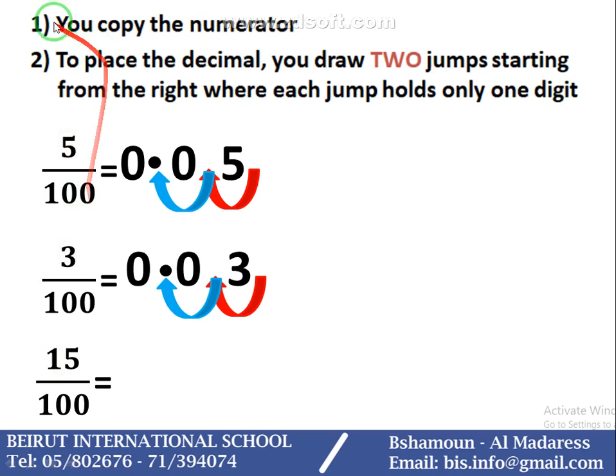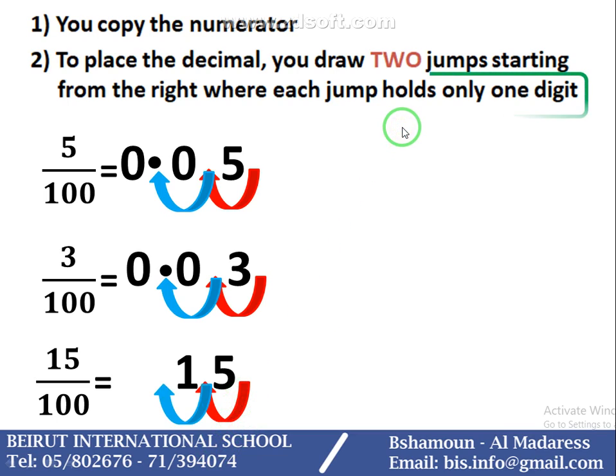Now what if our numerator consists of two digits and not only one digit as in the previous examples? You follow the same steps. Copy the numerator as it is. Starting from the right, you draw two jumps, but you have to make sure that each jump you draw holds only one digit as stated over here.